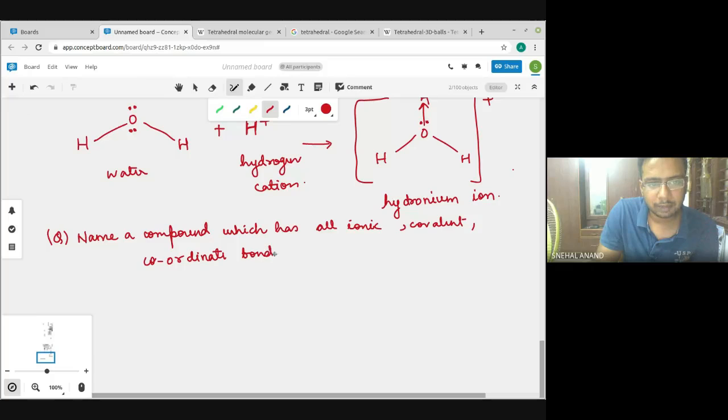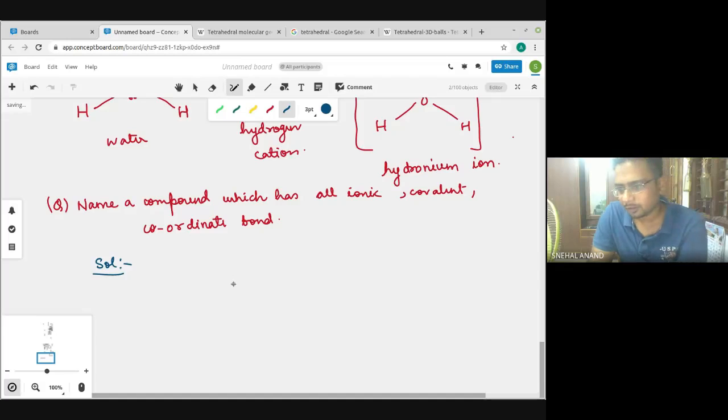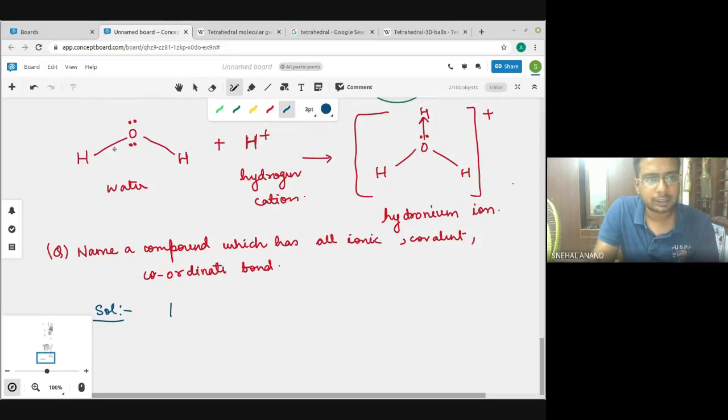So can anyone name a compound which has all ionic, covalent and coordinate bond? The solution for this, I want someone to tell me the answer if possible, if you know. Not water. Water only has a covalent bond. Like oxygen has two covalent bonds with this hydrogen.